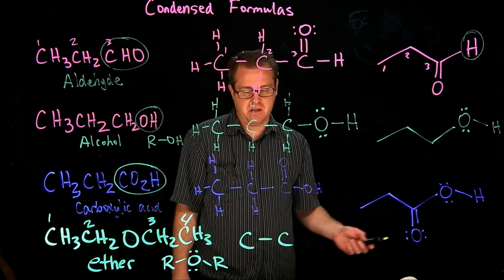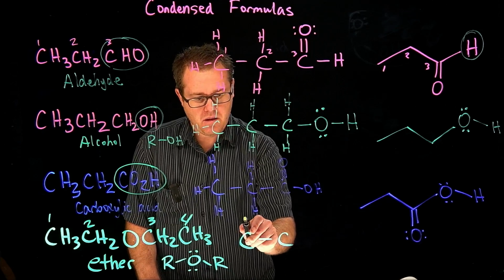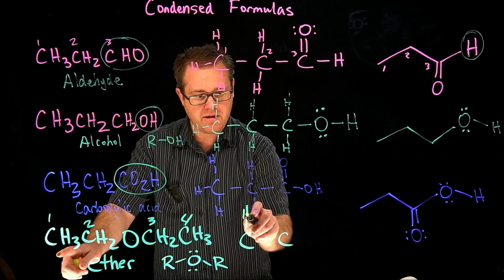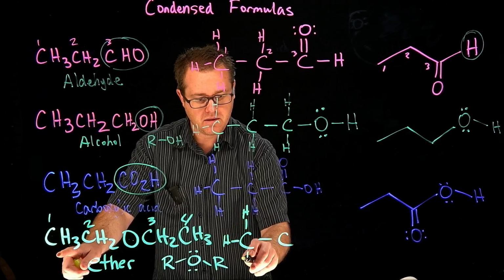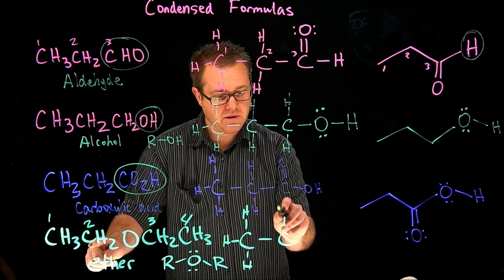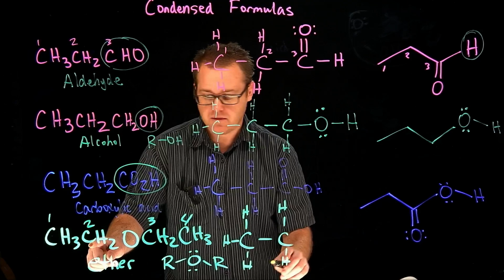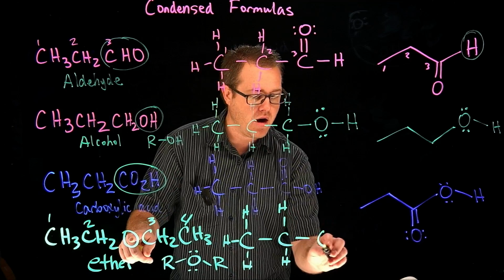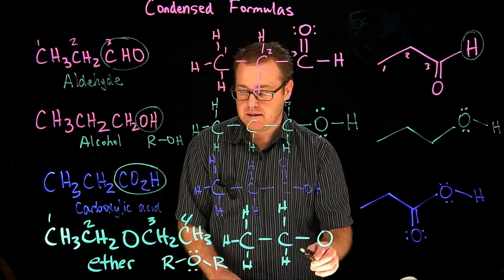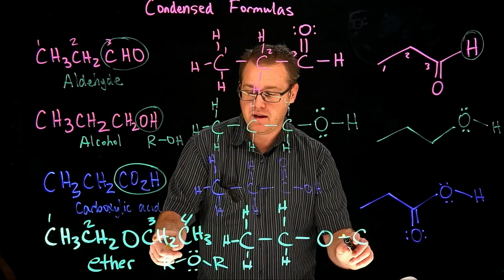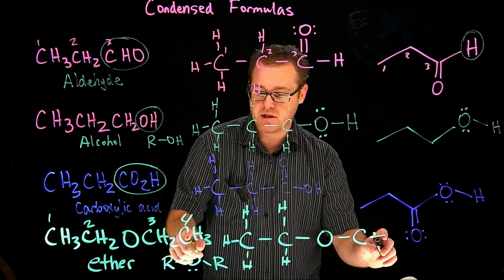There's no need to. Carbon 1 has 3 hydrogens attached. Carbon 2 has 2 hydrogens attached. And carbon 2 is directly bonded to an oxygen atom. And that oxygen atom is also directly bonded to carbon 3, and carbon 3 is directly bonded to carbon 4.